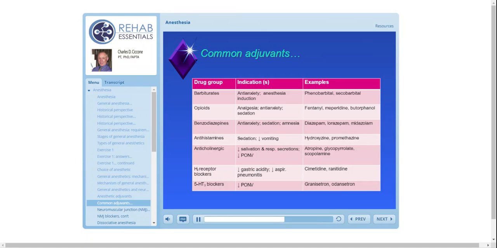H2 receptor blockers, these are drugs like Tagamet and Pepcid. They decrease gastric acidity, so that if there is some aspiration of gastric contents, there's less chance of causing aspiration pneumonitis. And finally, the 5-HT3, these are serotonin receptor blockers. Serotonin, by affecting these receptors, does increase the nausea and vomiting post-op.